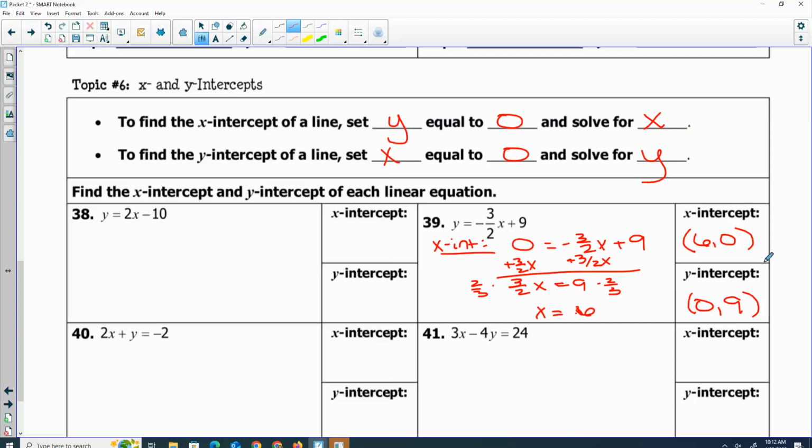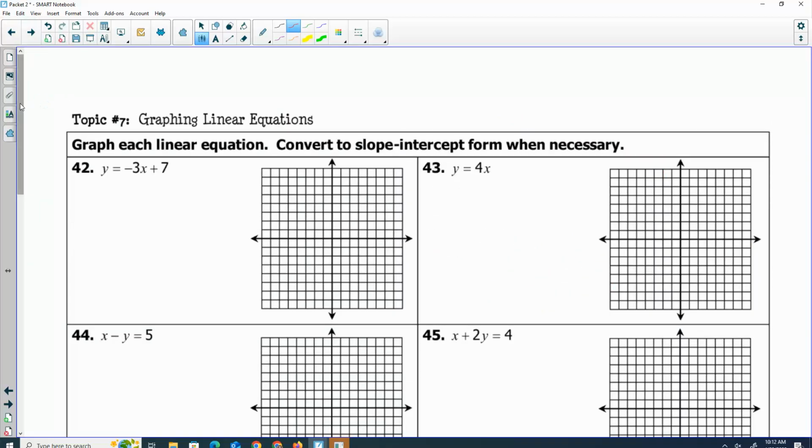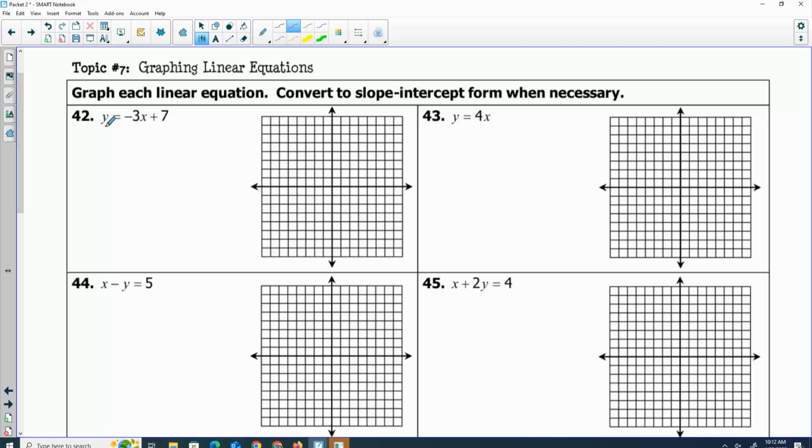All right. Let's make sure we remember how to graph lines, and that'll be the last thing that we do for today. If I go to 42, if I want you to graph this line, what would you do? Where do you start? Here's your number.